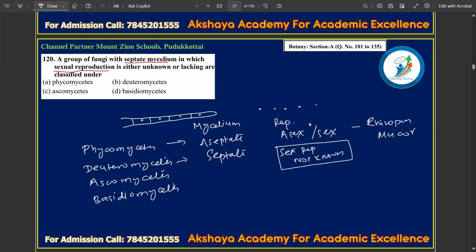Then you have Ascomycetes. They are septate and they reproduce sexually. They have asci, forming the ascospore. You can take yeast or Penicillium. Then you have Basidiomycetes. They are also septate and also show sexual reproduction.